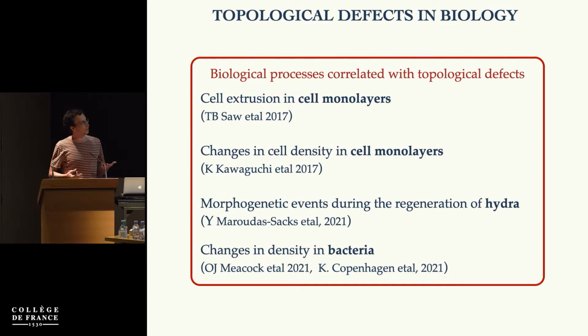What this evidence suggests is that there is a connection between order and collective cell migration that is mediated by activity. But in many of these examples, it is not clear whether this connection is mechanistic or not.